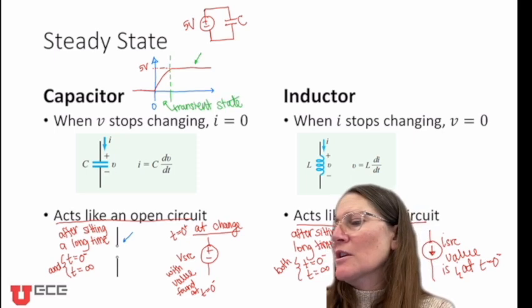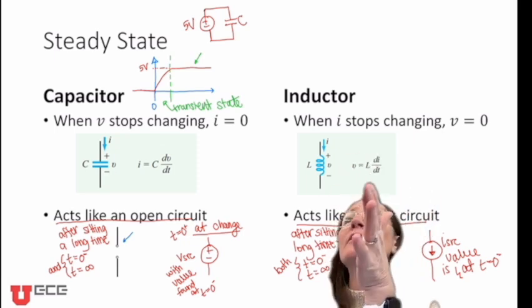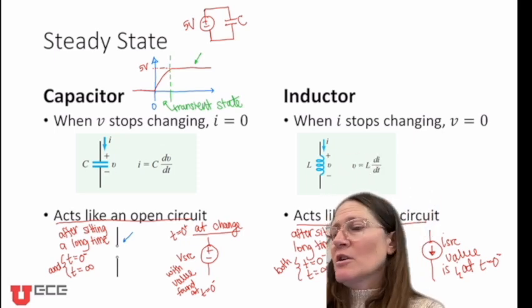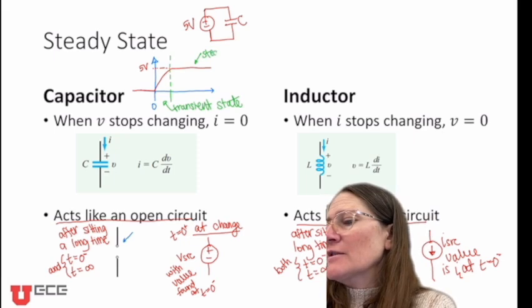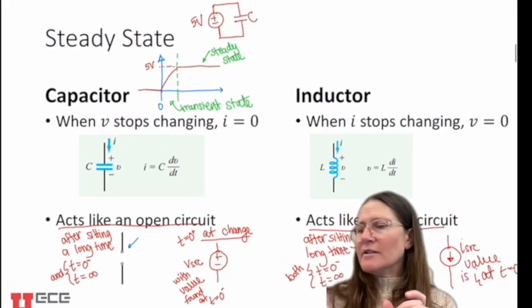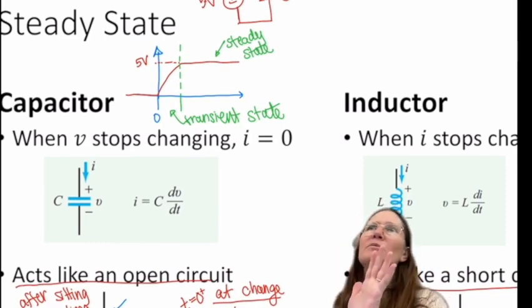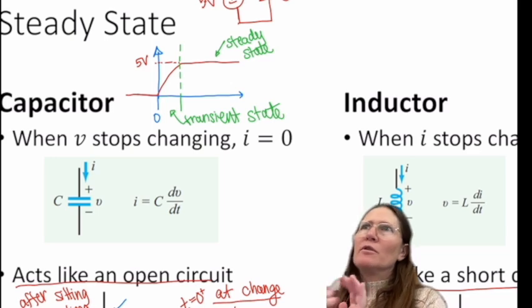And then once it reaches that 5 volts, now there's no more change. This is called the steady state. So this transient state is what I'm talking about, where it does take a second physically to come up to 5 volts.